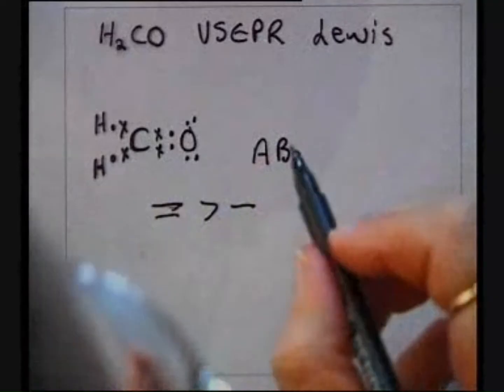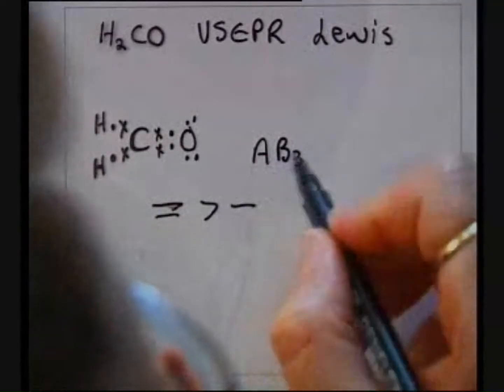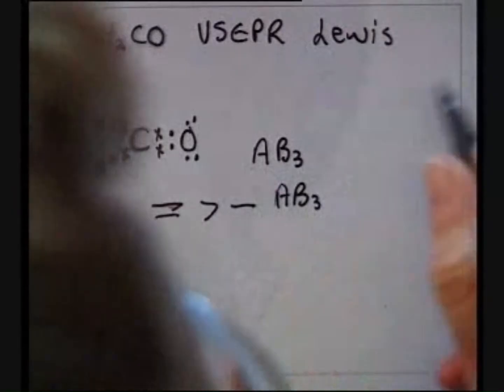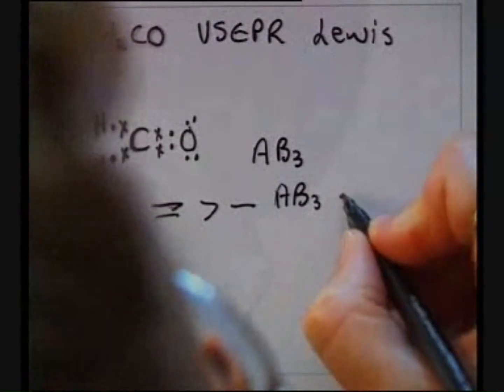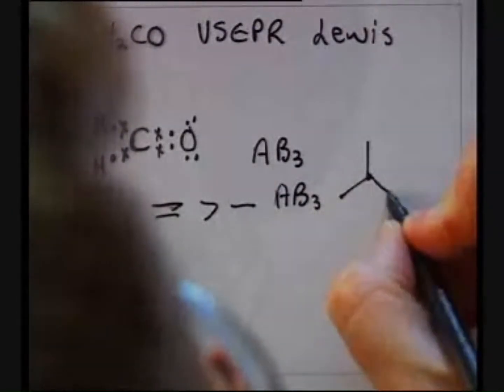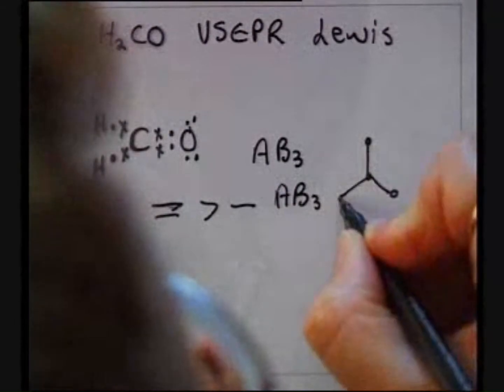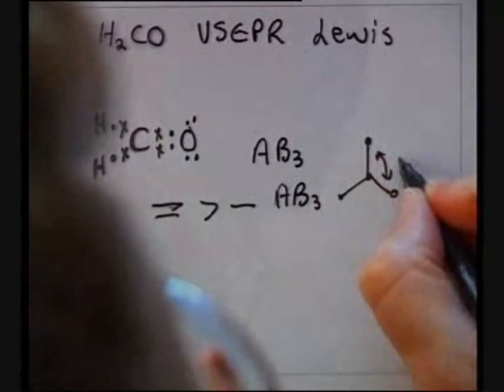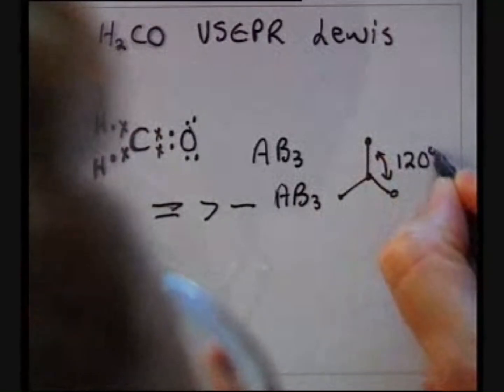But nevertheless, electron pair geometry will be the same, AB3, and the electron pair geometry AB3 will predict a trigonal planar structure. For a trigonal planar structure, the perfect bond angle will be 120 degrees.